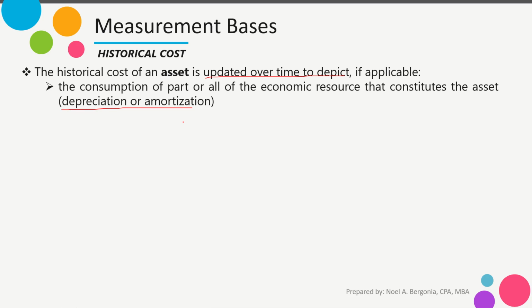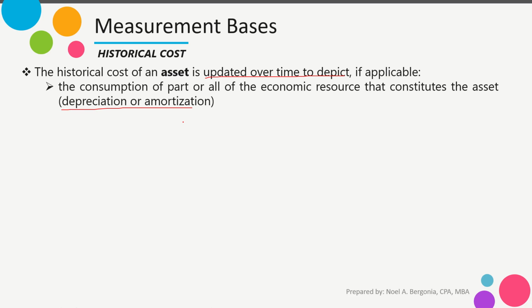Hindi naman talaga nagbabago yung value niya, but it's actually changing its amount or being updated because nagagamit na natin, 'di ba? So example, you have purchased your supplies, which is recorded at historical costs and ginamit mo na siya. Then of course, let's say 1,000 pesos mo na supplies na gamit mo na, the historical cost will go down to 200 pesos kasi 200 pesos na lang yung natitira sa kanya. And also, let's say for depreciation, on your property, plant, and equipment, you have purchased 1 million cost of equipment.